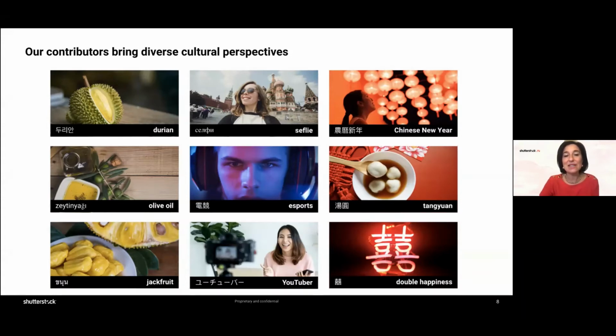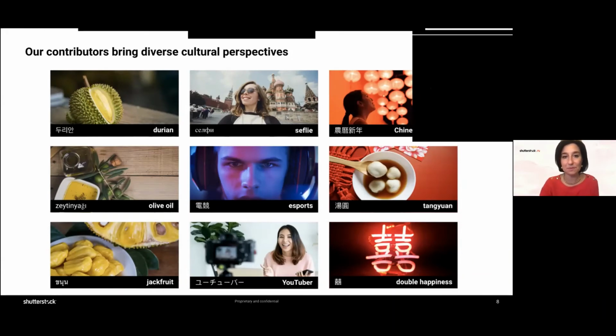And this is what's critically important to make computer vision solutions and AI models able to mitigate the bias that we have seen, the shortcomings of the first generation of computer vision models.